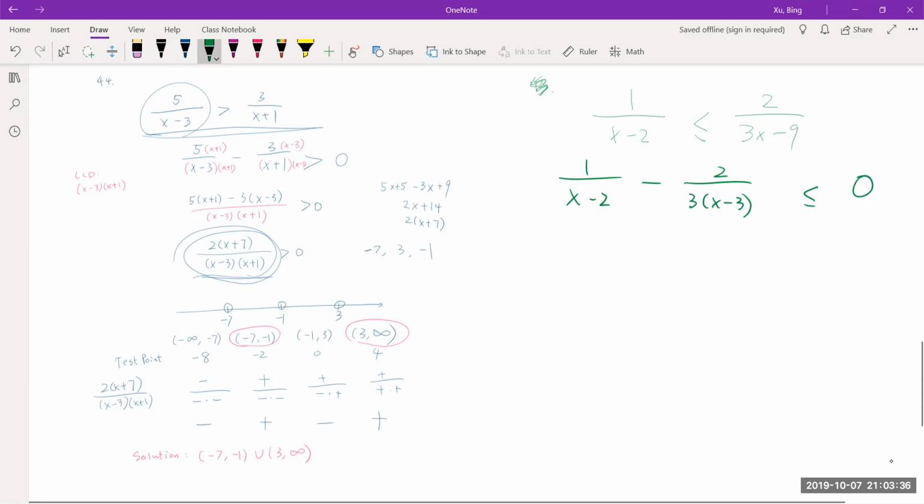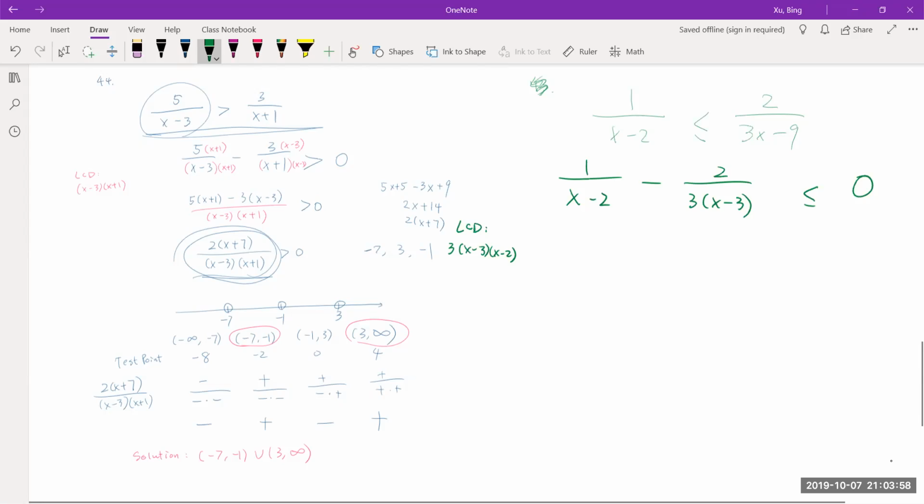All right, so now the least common denominator. In this case, first you have to include this 3. Right? 3 times x minus 3 times x minus 2. This one will be the least common denominator.